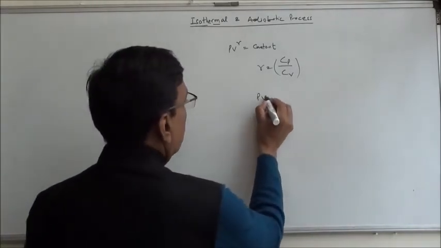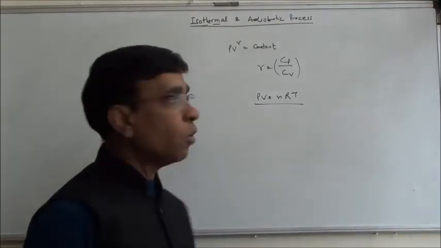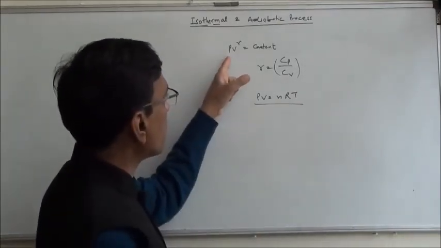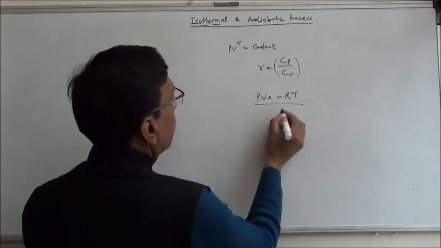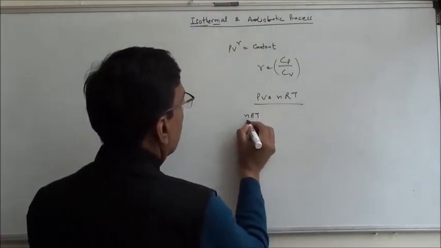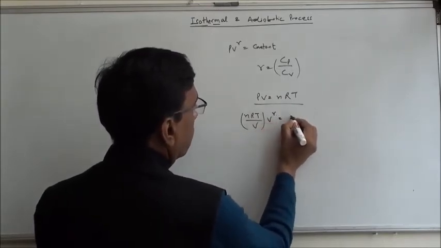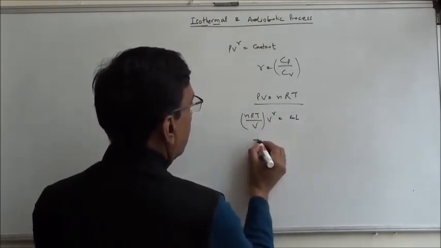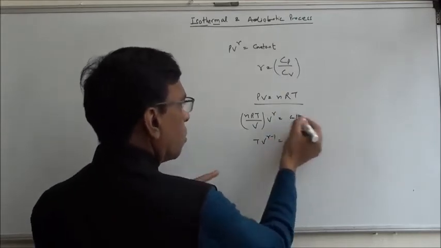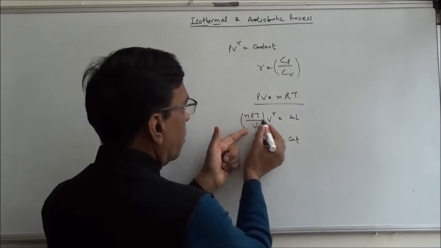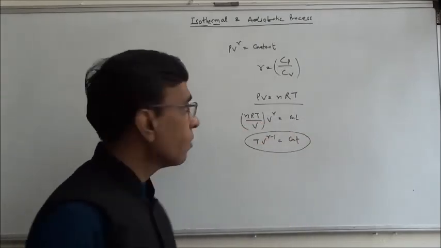An ideal gas also obeys PV equals nRT. So I can write this expression in terms of pressure and temperature, or volume and temperature also. Let's try. Substitute for pressure. It will be T V raised to the power gamma minus 1 equal to some other constant, which will be multiplied or divided by nR, but still it will remain constant.